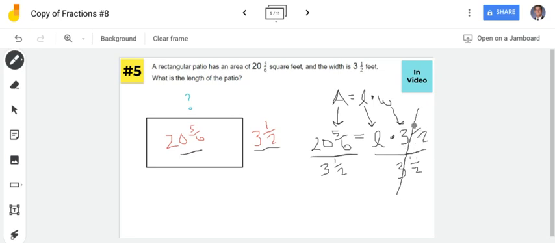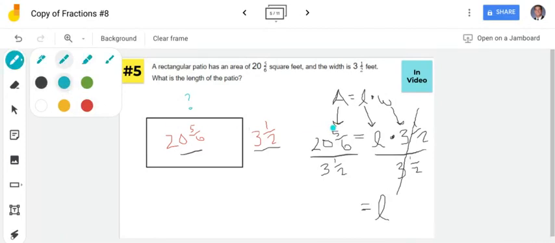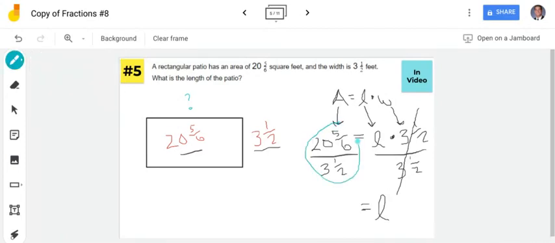Because I have 3.5 over 3.5, or I could say 3.5 divided by 3.5, which is simply 1. And so I have 1 times L, which is just L, the length. The length is equal to these numbers that are being divided. The length is equal to 20 and 5/6 divided by 3.5.